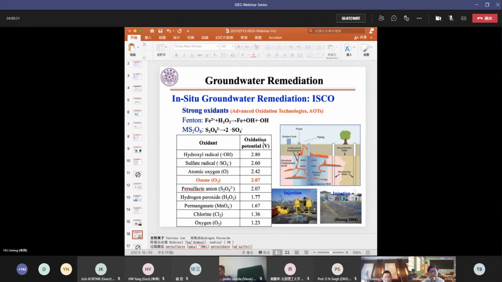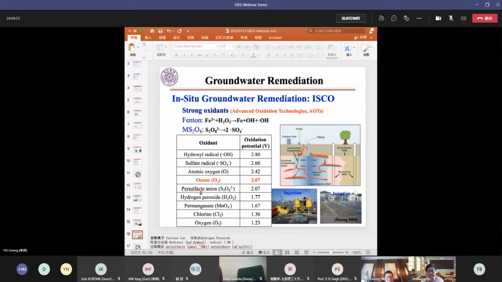We can see this table. The oxidation potential: the higher the oxidation potential, the better the oxidation capability. So we can use permanganate and persulfate to act as oxidants.